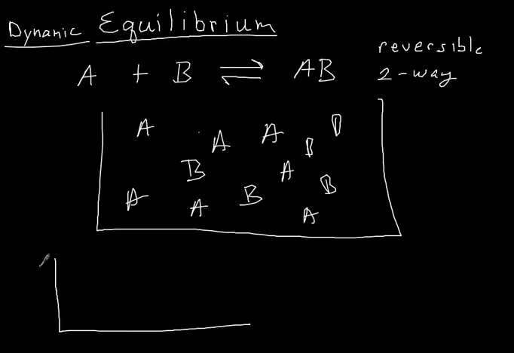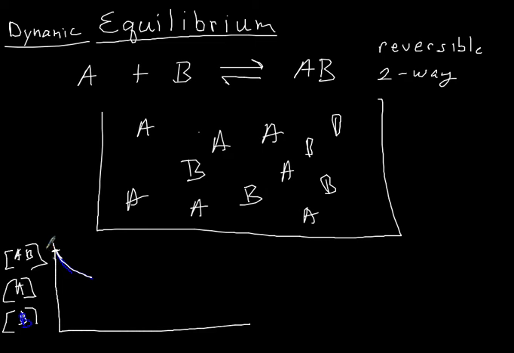And so we might have a plot like we've been looking at in the past topic, where we're plotting concentration of A, concentration of AB, and concentration of B. We are initially going to have a bunch of A and a bunch of B, and no AB. So let's make B blue. As A and B begin to react with each other, their concentrations will begin to decrease. And they're probably going to be along the same line since we have a one-to-one reaction in this hypothetical.